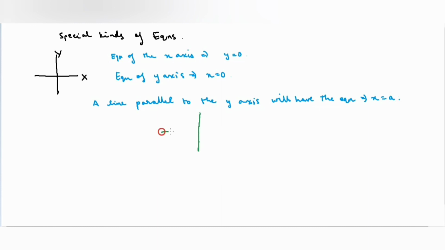Now let us represent this graphically. x equal to a. So let (a, 0) be a point and it is x equal to a. So this will be the line. You can see this is parallel to the y-axis.